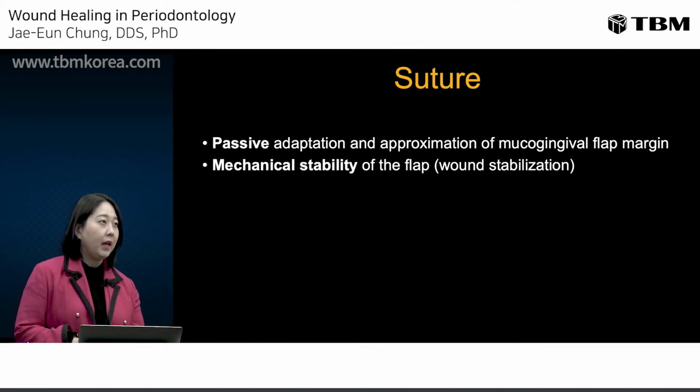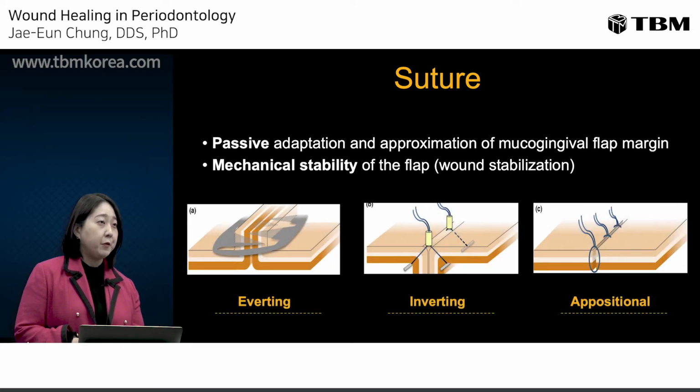As we have seen before, the tension-free suture of the flap in periodontal or implant surgery is a very important factor in wound healing. The main purpose of suture is passive adaptation of flap margin and mechanical stability of the flap for wound stabilization. There are 3 patterns to position the flap margins.